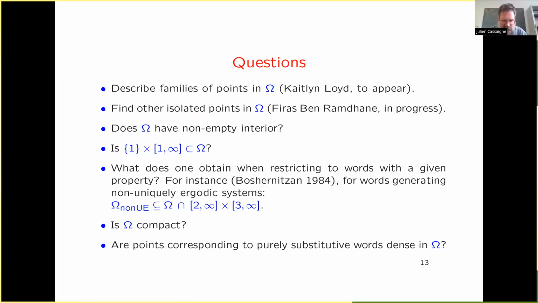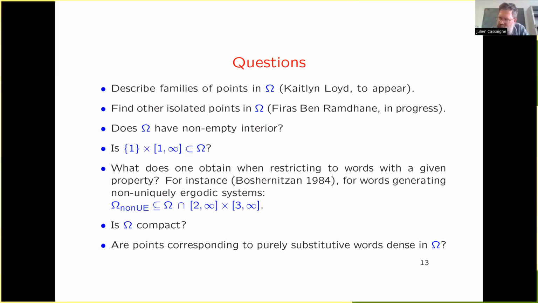And so if you have a non-uniquely ergodic system, it is above 2, 3, above and right. But of course, it does not mean that all the points in omega that are above 2, 3 are reachable with this kind of examples. So what can you get precisely?